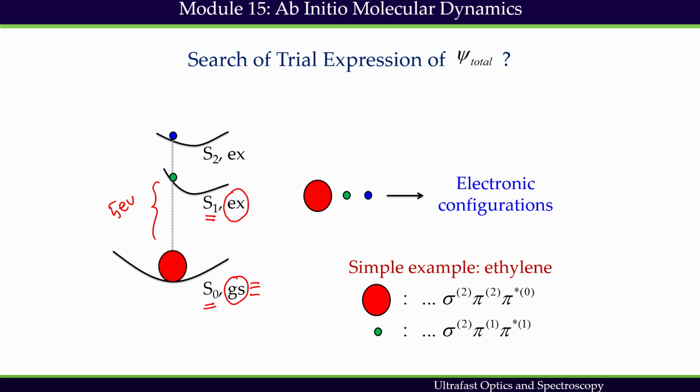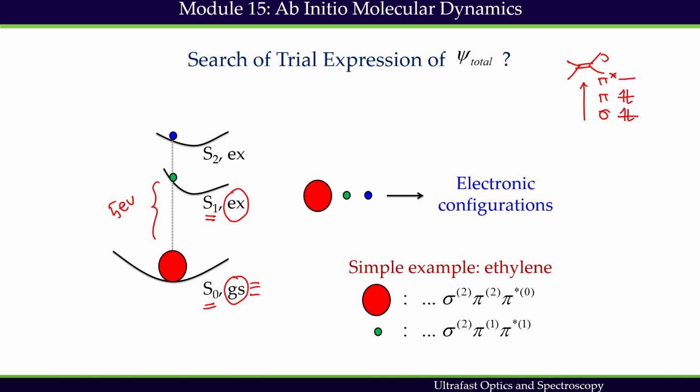To understand this, we can take the example of ethylene. In the ethylene molecule we have the sigma bond, then pi, then pi star. These are the orbital alignments. Pi is doubly occupied, sigma is doubly occupied, and pi star is not occupied, it is empty.